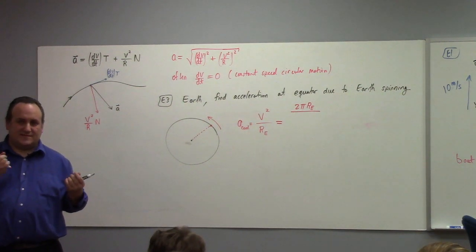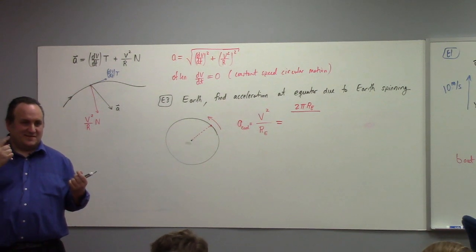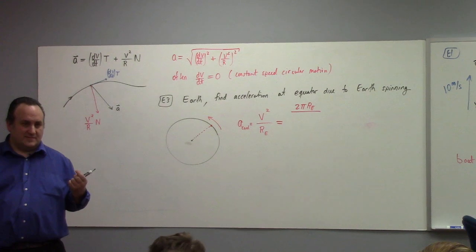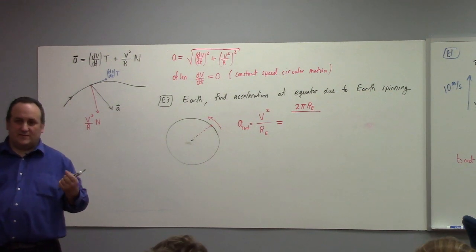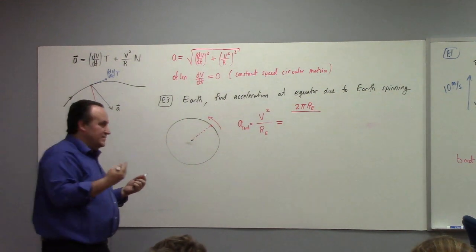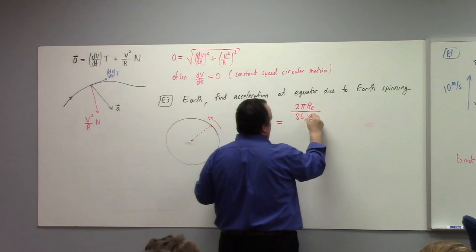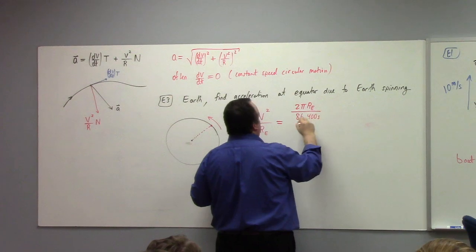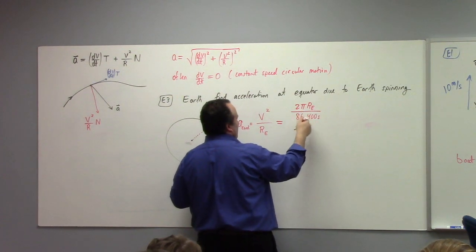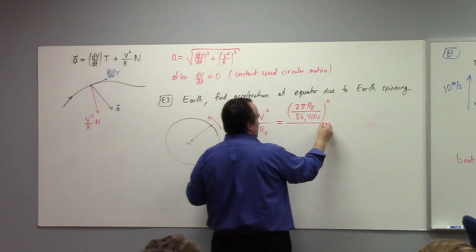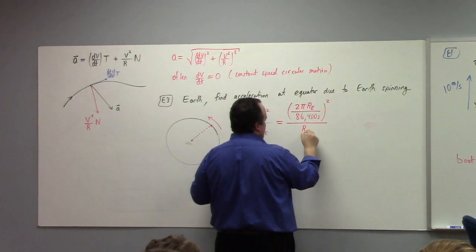The Earth rotates at the same speed. It's not like different rotational rate, different times a day. And how many seconds are there in the day? Well, everybody knows there's 86,400 seconds in a day. So I have the distance divided by the time, that's the speed, since it's constant. Got to square that and divide by the radius of the Earth again.